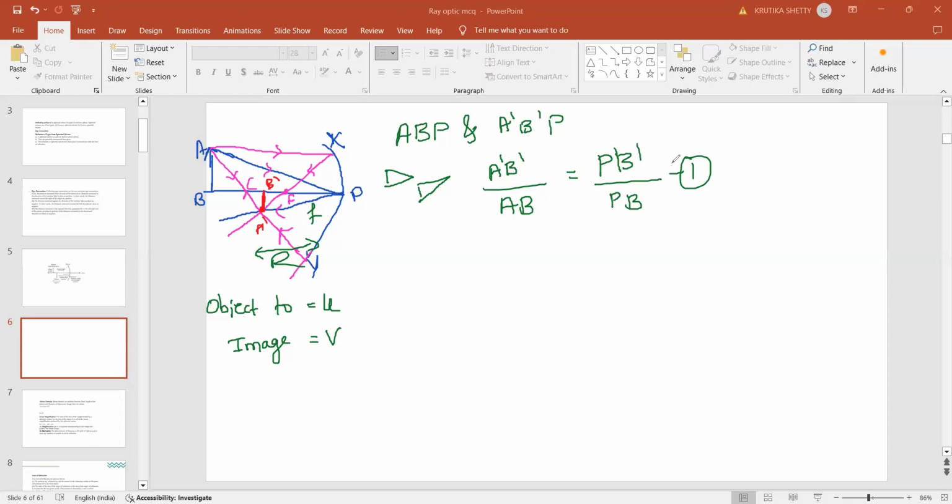Hope it is clear to you how we have written equation 1. Equation 1 we are writing based on the similar triangle properties, from the similar triangles with respect to the object and the image: A dash B dash divided by AB is equal to BP dash divided by PB. Equation 1.